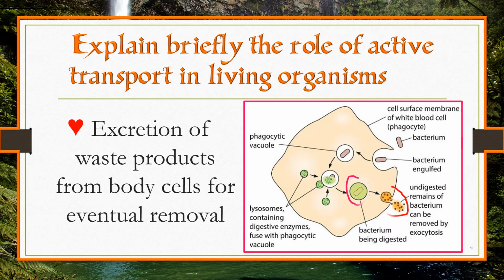And then afterwards, the undigested materials are removed by exocytosis from the cell. So that is removing those undigested materials from the cells, which are eventually removed from the body. That activity of engulfing and discharging the undigested material requires energy, and we use active transport.